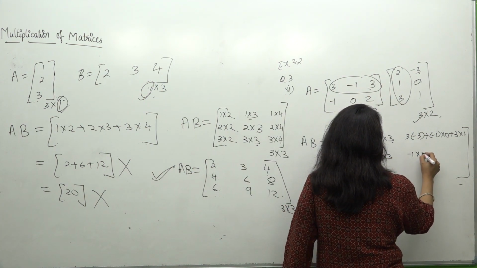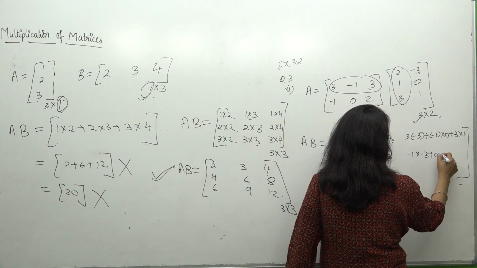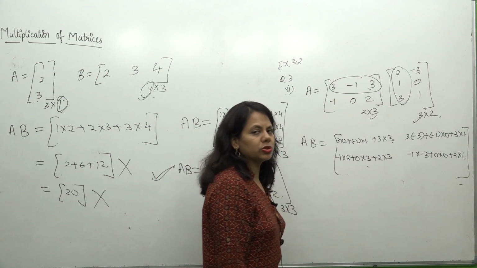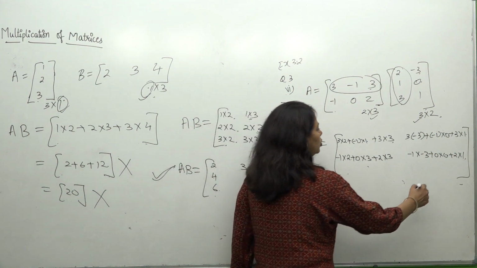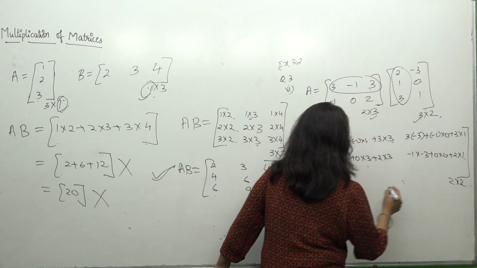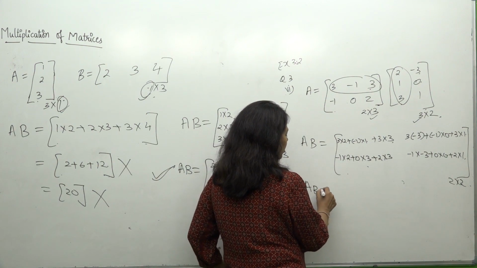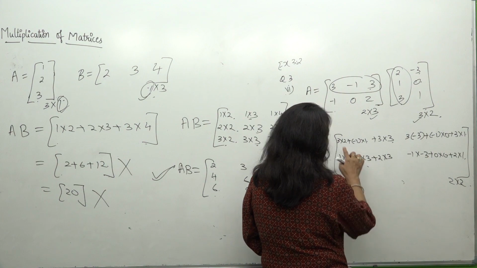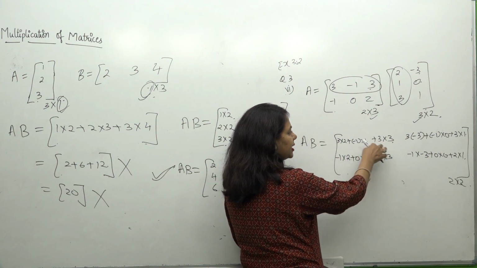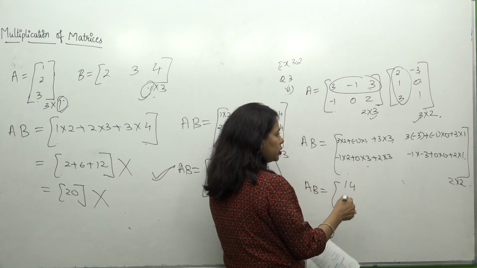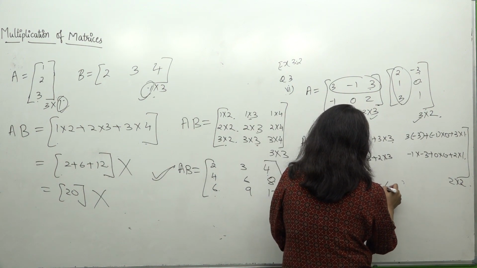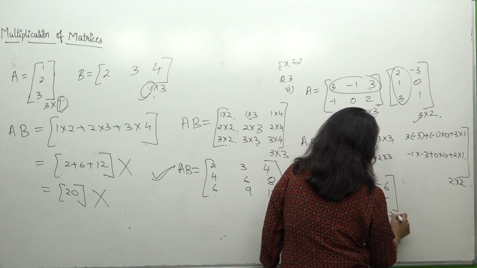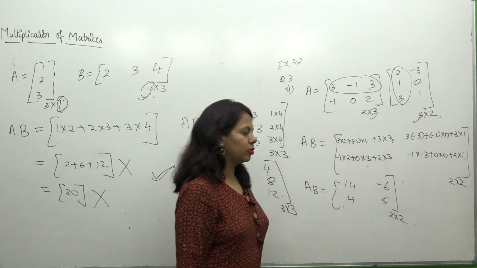So minus 1 into minus 3 plus 0 into 0 plus 2 into 1. So see here, I have got a 2 cross 2 matrix. Now when I perform my calculation, what's the answer that I get? I get 14, 3 into 2, 6 plus 9 minus 1. So I get 14 minus 6, 4 and 5 over here. So that gives me my required answer.